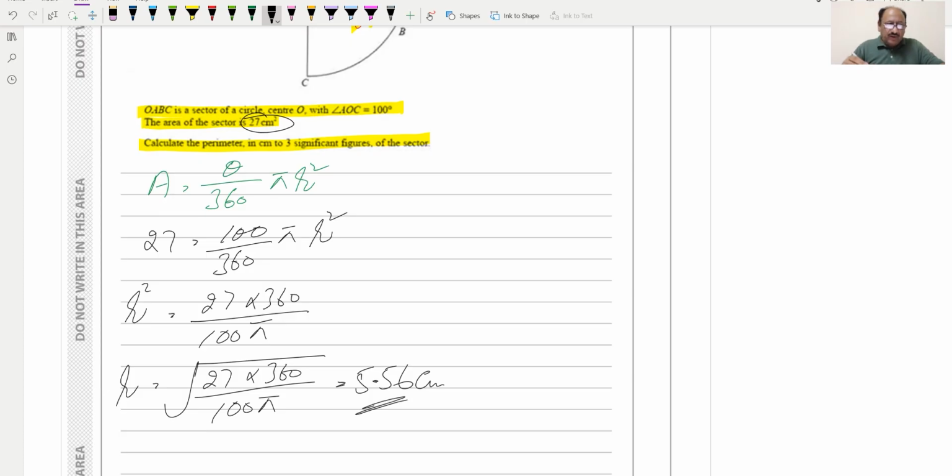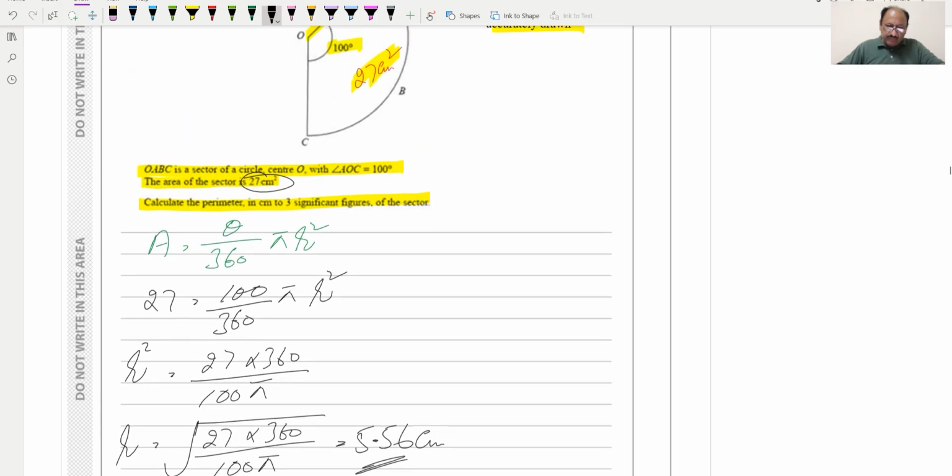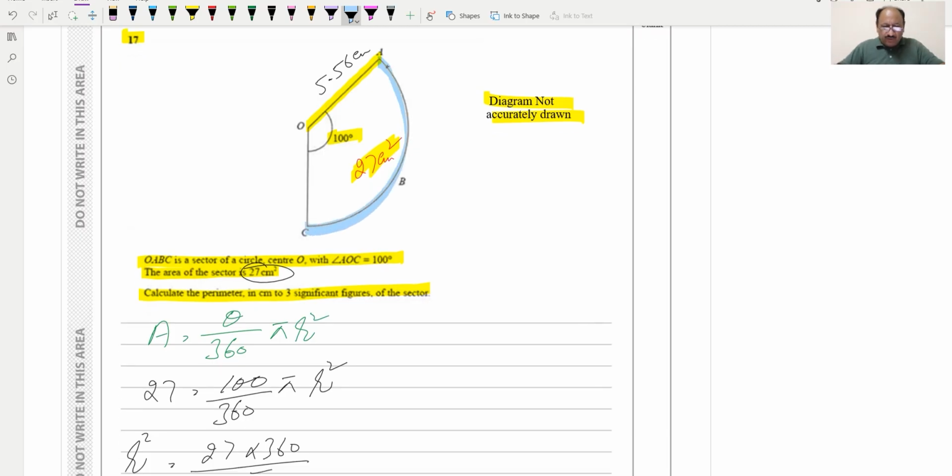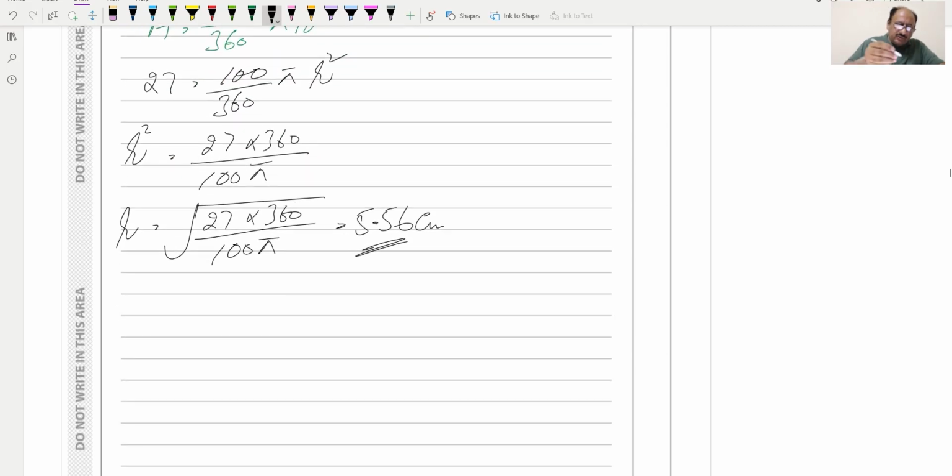Now we can find the length. We got 5.56 centimeters. Now the ABC arc length, which is this arc length, we can find: L is equal to the ABC arc length, which will be equal to theta over 360 into 2 pi r.